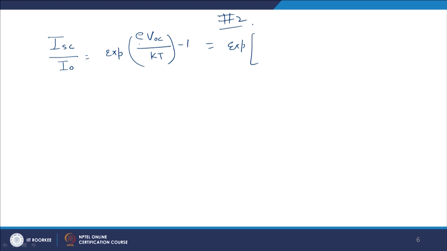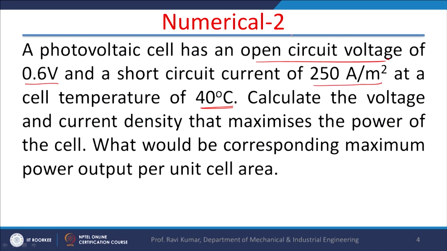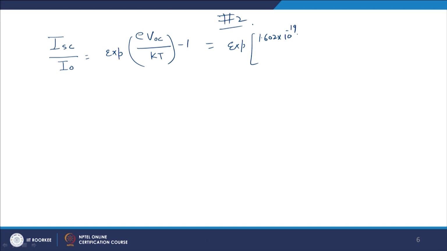exponential of, E is the charge on an electron, that is also constant, 1.602 into 10 to power minus 19. VOC is given, that is 0.6 volts. So, here we will write 0.6 volts. Boltzmann constant is also given, it is 1.381 into 10 to power minus 23, and temperature in Kelvin, 273 plus 40, it is going to be 313, minus 1.